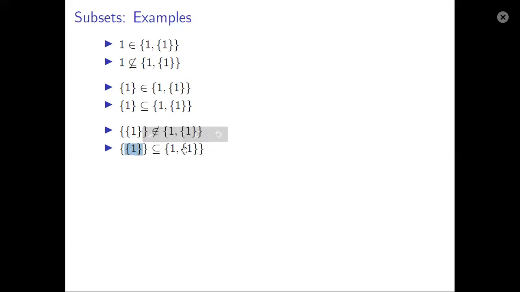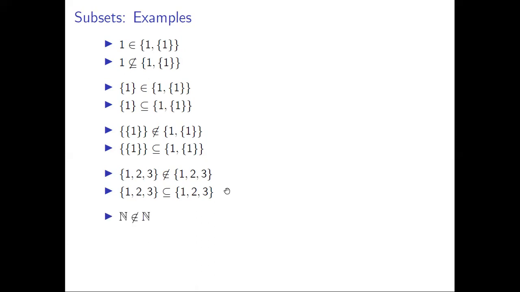So this element is also an element here in the set on the right. Okay, next. The set 1, 2, 3 is not an element of the set 1, 2, 3. That's obvious. This object here, which is a set, is not found as an element in this set. On the other hand, the set 1, 2, 3 is a subset of the set 1, 2, 3, because every set is a subset of itself.